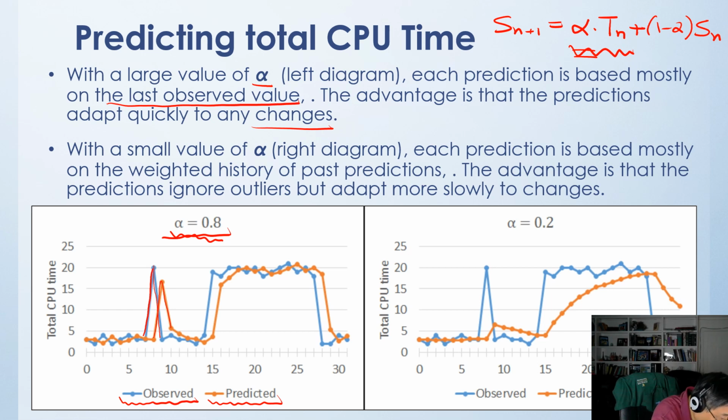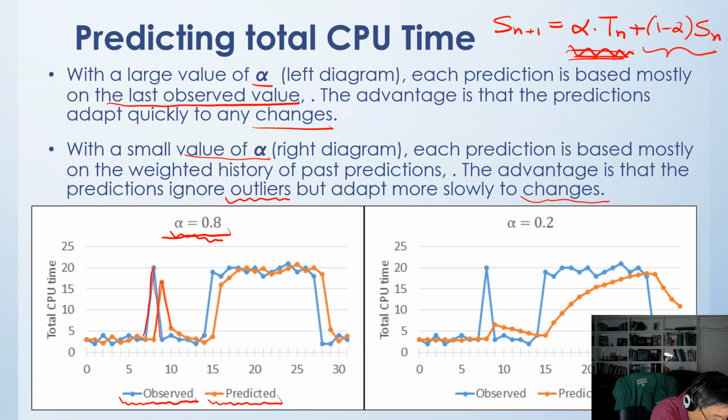On the other hand, with a small value of alpha, the first part is smaller and the second part becomes bigger. In this case, each prediction is based mostly on the weighted history of past predictions. The advantage is that the predictions ignore outliers but adapt more slowly to change.